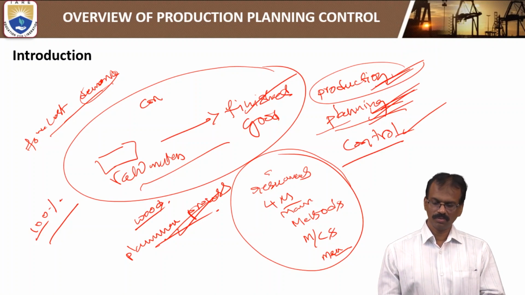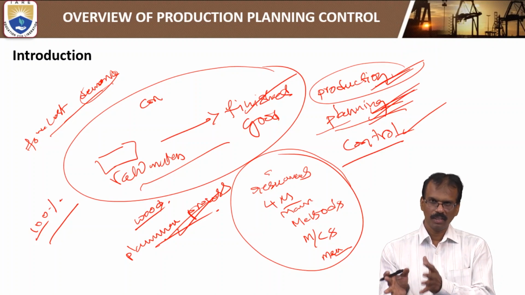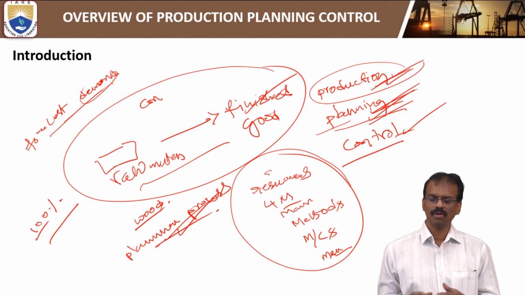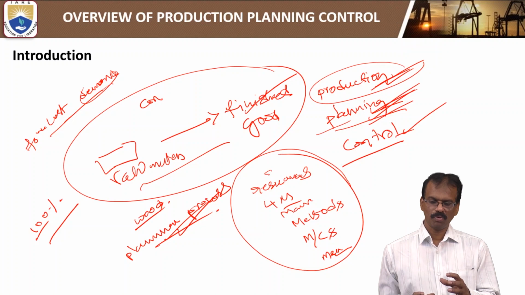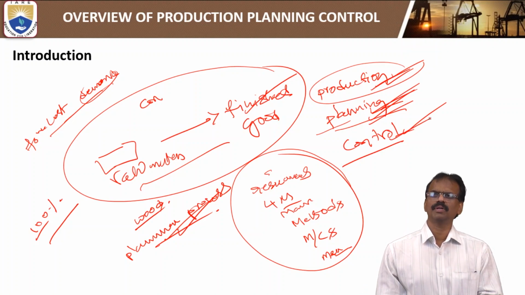Due to these reasons, some deviation occurs from the planned path to our actual path. In this condition, we have to control the system and implement the process in the planned system. So controlling is very important.